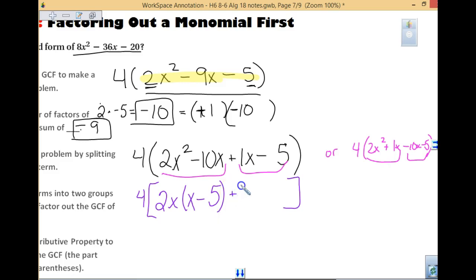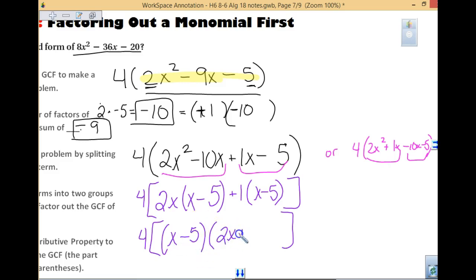Okay, so I'm looking at that second one, I got that x minus 5 times 1. And I always have to go, why do I have to write the 1? Because when you factor this one step further, notice I put a bracket instead of parentheses. It doesn't matter if you keep that as a parenthesis or bracket, but you have to keep that 4 as part of the problem. Because if your answer is only x minus 5 times 2x plus 1, that would give us only this answer.